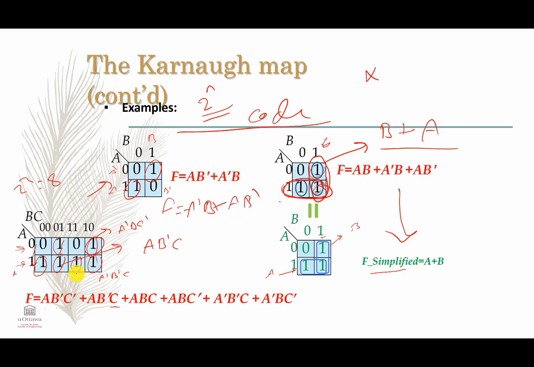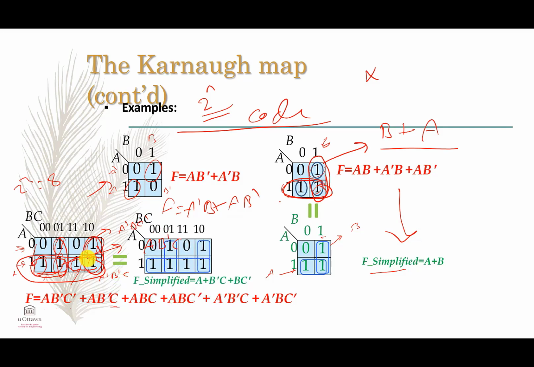So this one here can be grouped, and this one here can be grouped, and this one here, and this one here. And look, I found something here, so I can neglect those 2 and group them in 4. Therefore, look at this, guys, you see that? So I grouped all of them. I'm looking for the largest rectangles and as few rectangles as I can.